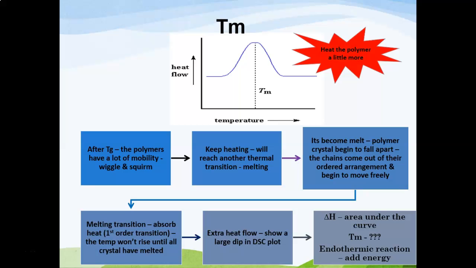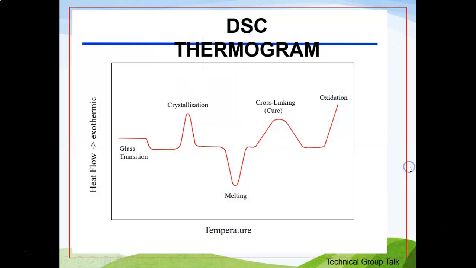If you choose the endothermic curve, you need to make the Tm going upward. If you choose the exothermic reaction, the Tm dip will be going downward, but the value of delta H is inside the area under the curve. Right, now we proceed with the next slide.